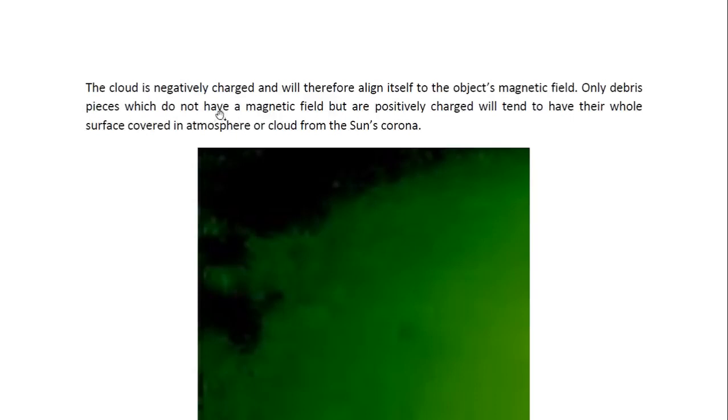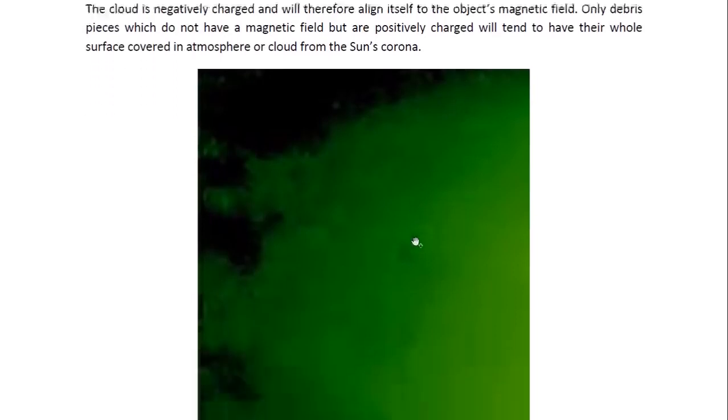Only debris pieces which do not have a magnetic field but are positively charged will tend to have their whole surface covered in atmosphere or cloud from the sun's corona. And here's a close-up of the left side of that image where you can more clearly see that ring-shaped cloud and the dark center, which would be the actual stellar core.